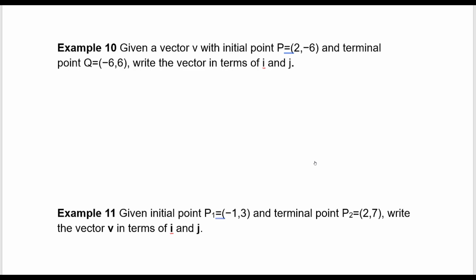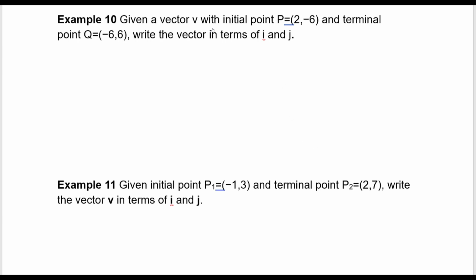So for example 10, it says given a vector v with initial point P at 2, negative 6, and terminal point Q at negative 6, 6, write the vector in terms of i and j.